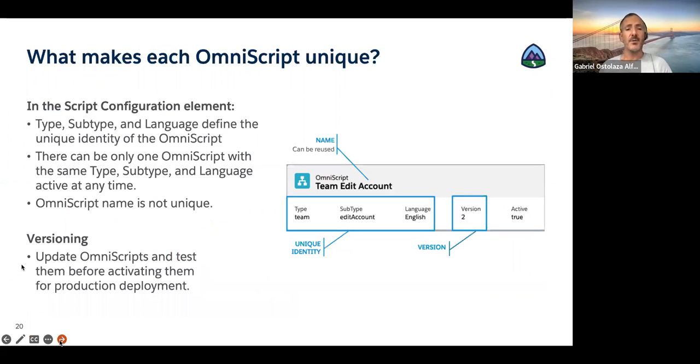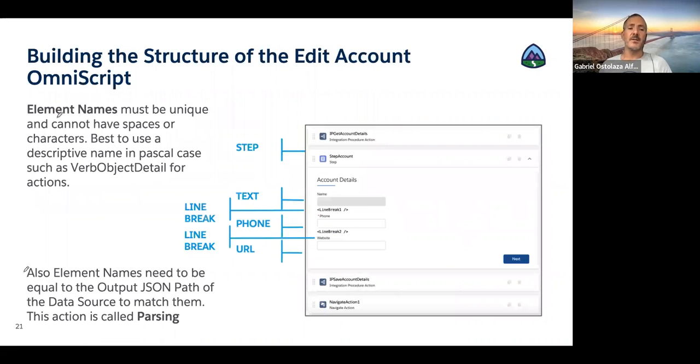So in the script configuration element, we do have the type, we do have the subtype, and we do have the language, and those are the unique identifiers, as I said, and then the version number that is just indicating the number of version, and only one version can be active at a time. So it's quite important to set up properly the element names.